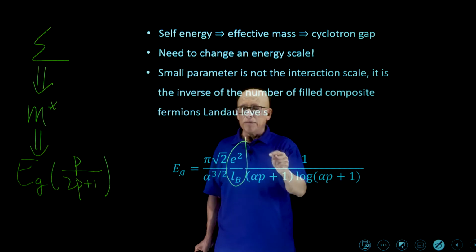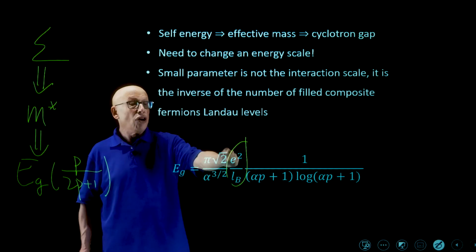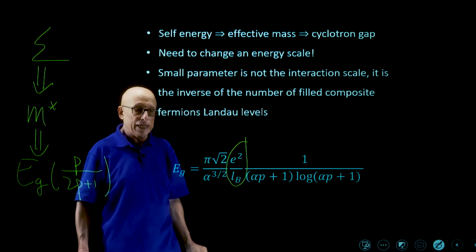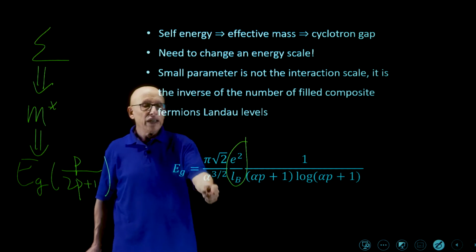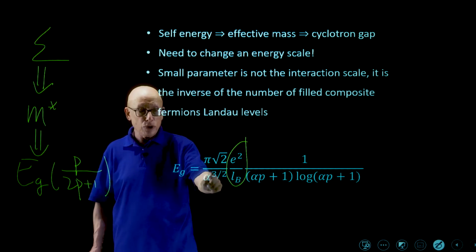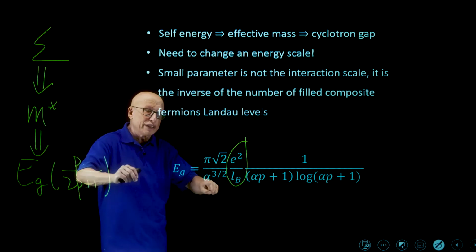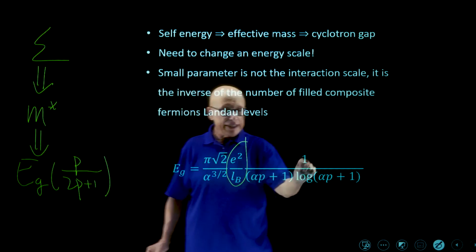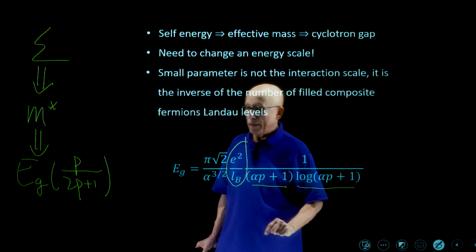Instead of being a kinetic scale, it is now of interaction scale, e squared, the electron charge squared, divided by the magnetic length. Now, there are various prefactors that you see here. There would be a difference between filling factor 1/2 or 1/4. This is this value of alpha. But what's important is there's a dependence on p. And this dependence is 1 over alpha p plus 1 times log of alpha p plus 1.